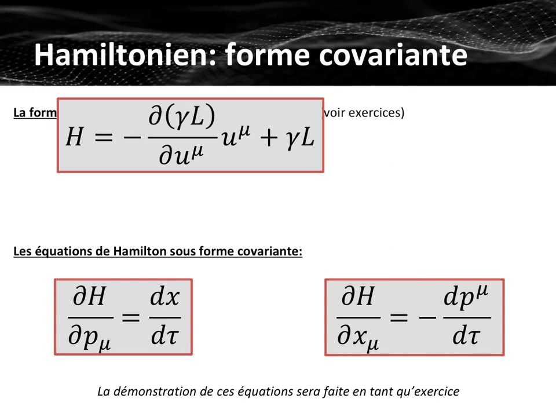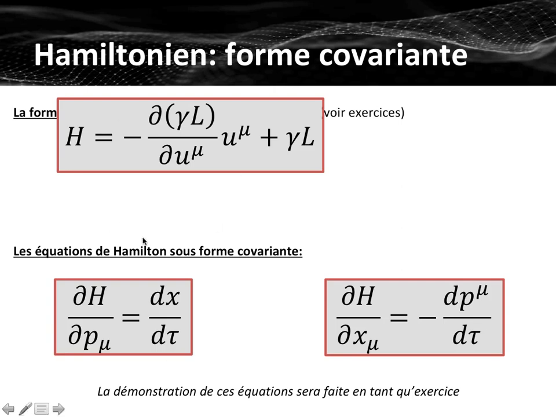So the demonstration of this and even these two will be done through exercises. Now, the idea is that for a free particle, obviously, this must in the non-relativistic limit also go to half mv squared, because H will, in the absence of potential energy, be equal to only the kinetic energy in non-relativistic limits.